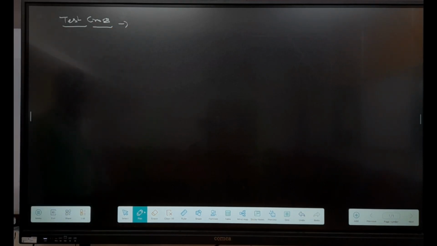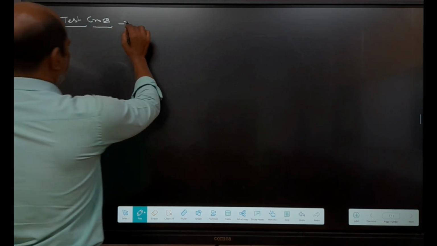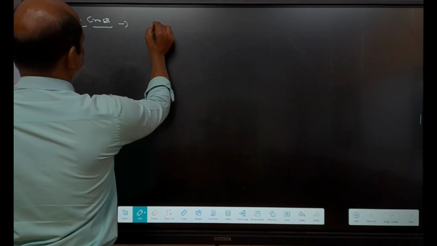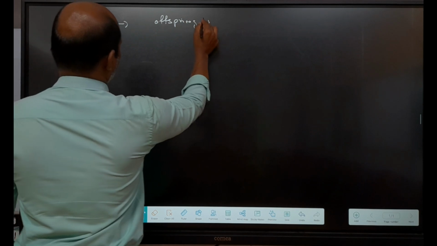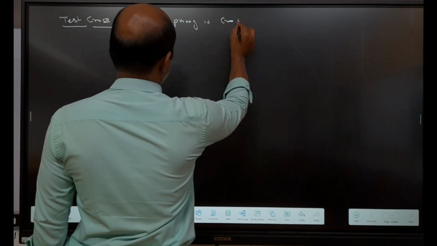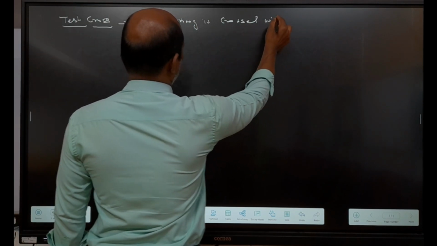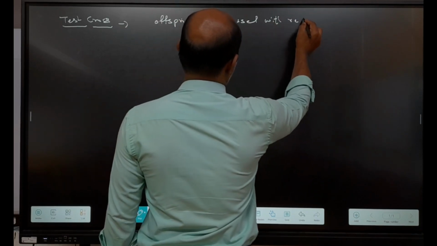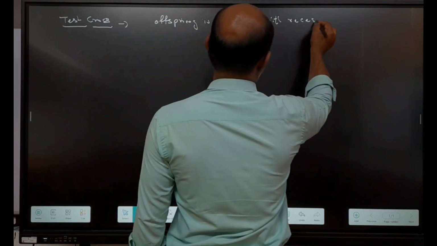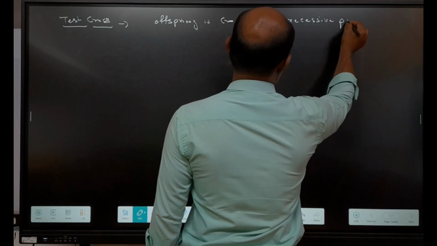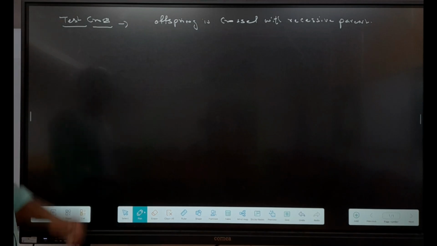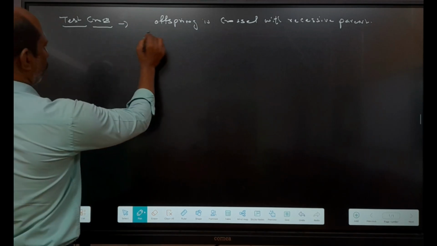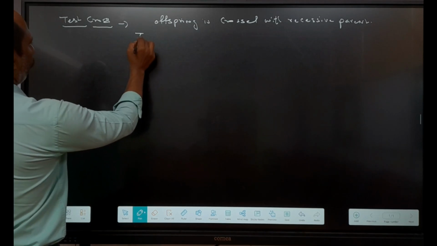In a test cross, what happens? Look here, the offspring is crossed with the recessive parent. That is called a test cross, and it is a type of back cross.